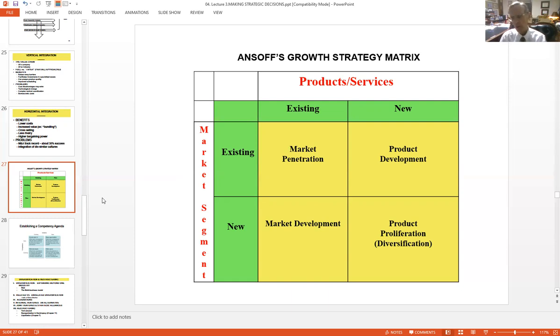In any event, it was developed by a Russian guy named Igor Ansoff. Again, Ansoff was not trained as a strategist. He was a physicist who, among other things, was captured after the Second World War because the Americans wanted to have his talents for themselves rather than the Russians.